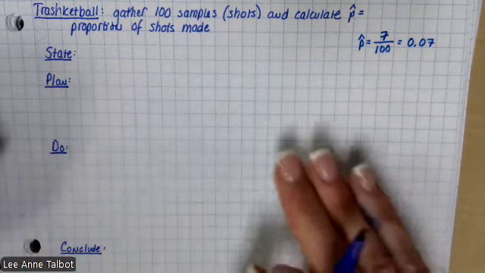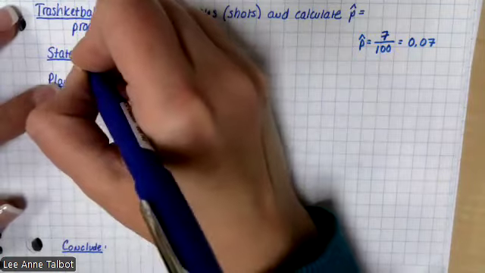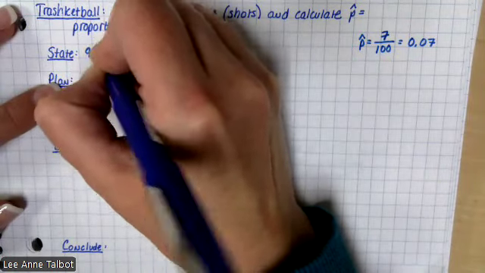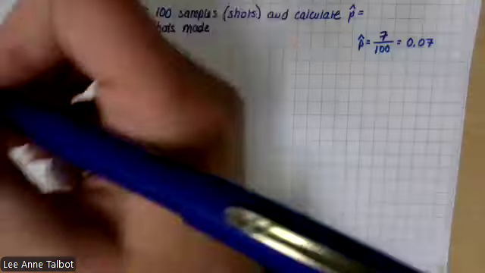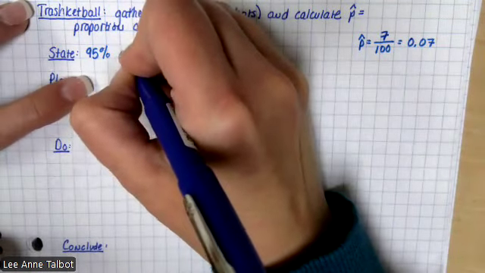State: 95%, and I'm telling you we're doing 95%. The problem will have to tell you, I'm telling you right now, 95% confidence interval.